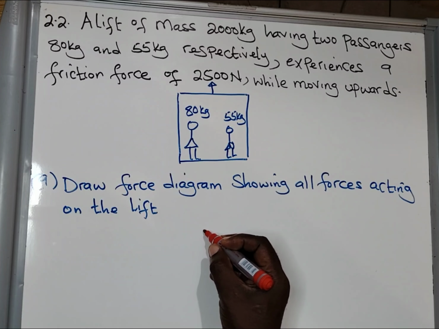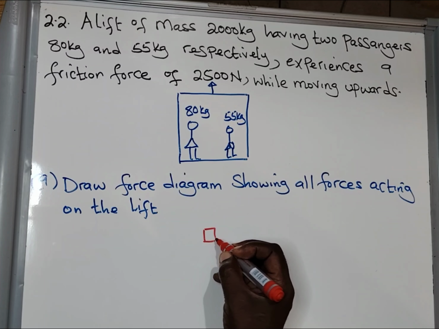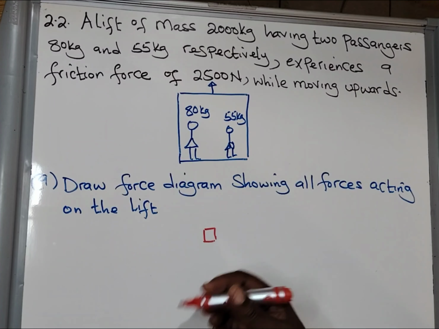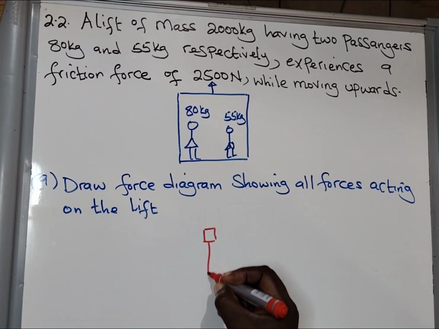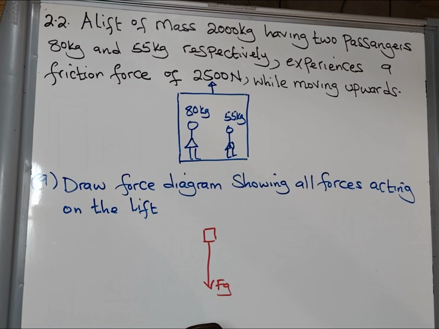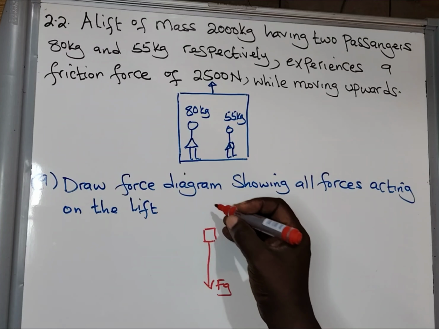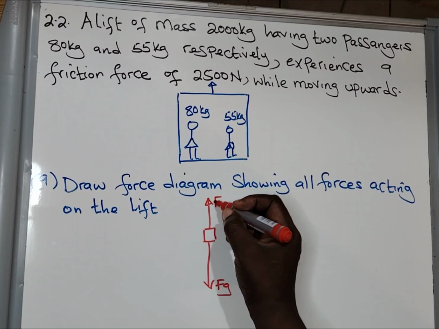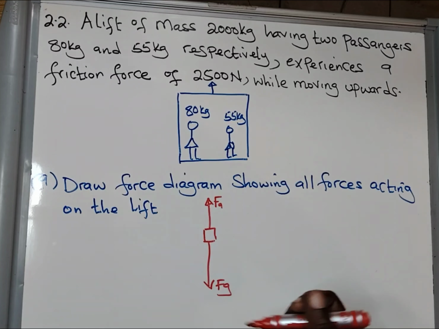Yes, it's a force diagram. So we are representing our object as a box. What are the forces which are acting? There are some obvious ones, like the Fg, which is always acting downwards. What else do we have? We have the applied force. Sometimes it comes from the motor or any other source, but it's the one which is responsible for the lift going upwards.